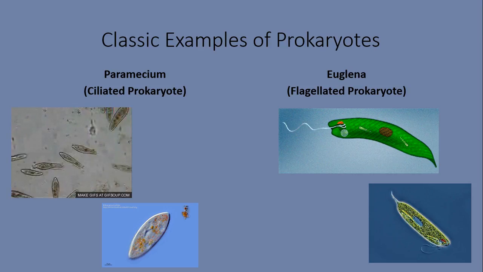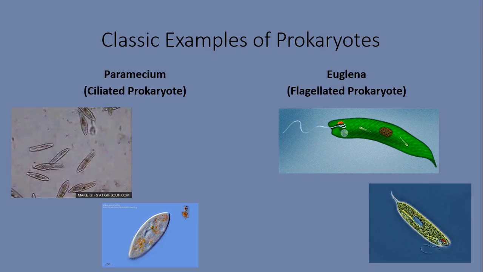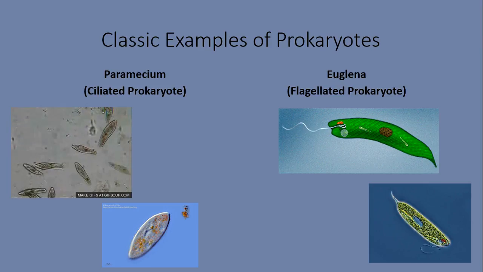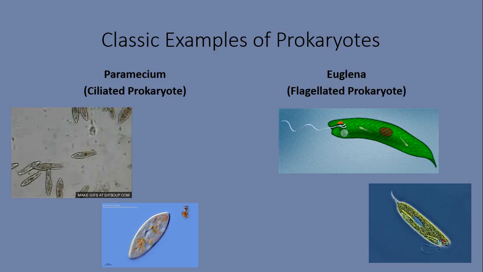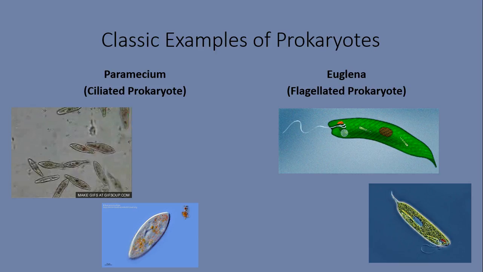Now here we have classic examples of prokaryotic cells. On the right, we have two images of the euglena, and this is a classic example of the flagellated prokaryotic cell. The structure that you can see moving is the actual flagella that's present within the euglena. Now on the left, we have a paramecium, and this is the classic example of the ciliated prokaryote.